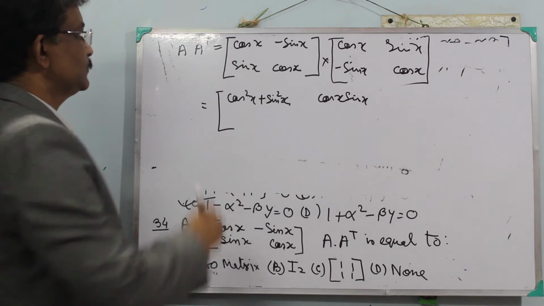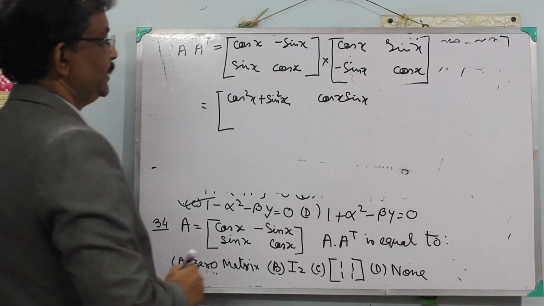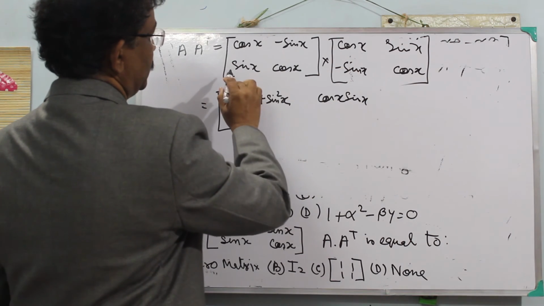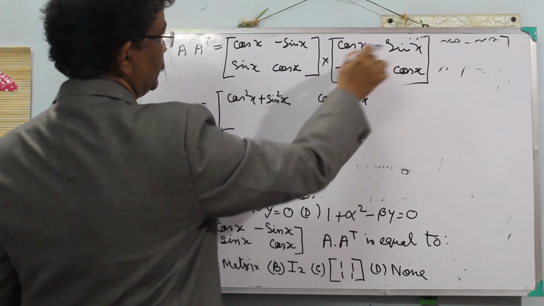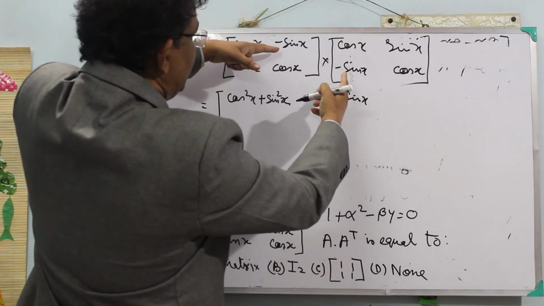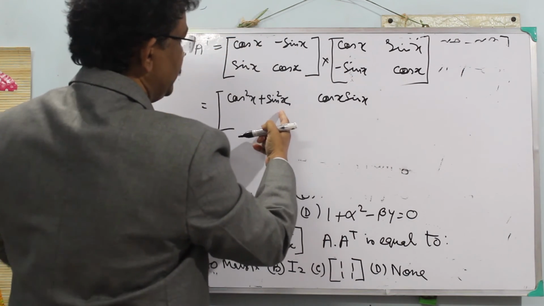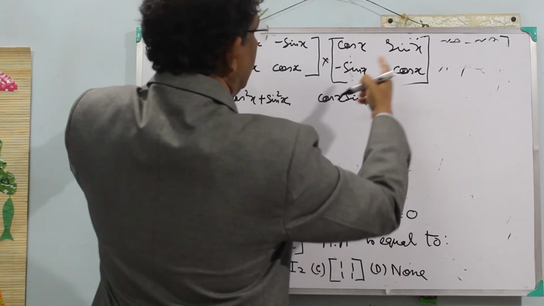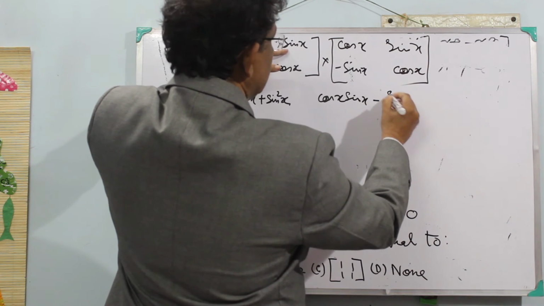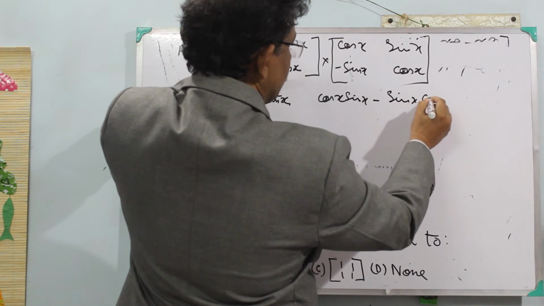So A into A transpose: cos x sin x, and after transpose the row becomes column and this row becomes the second column. So cos x into cos x plus minus sin x square, and sin x cos x and then minus sin x cos x.